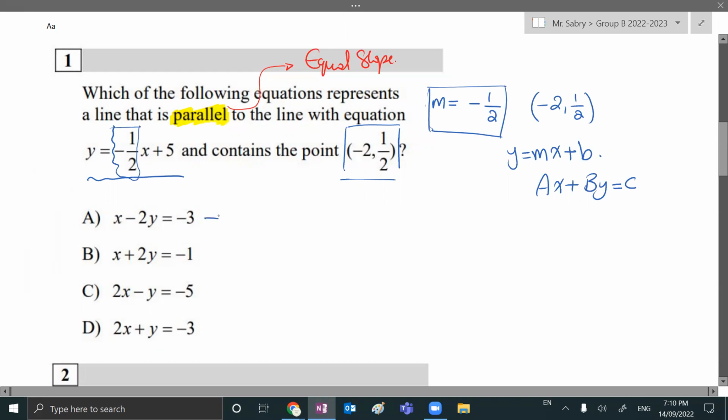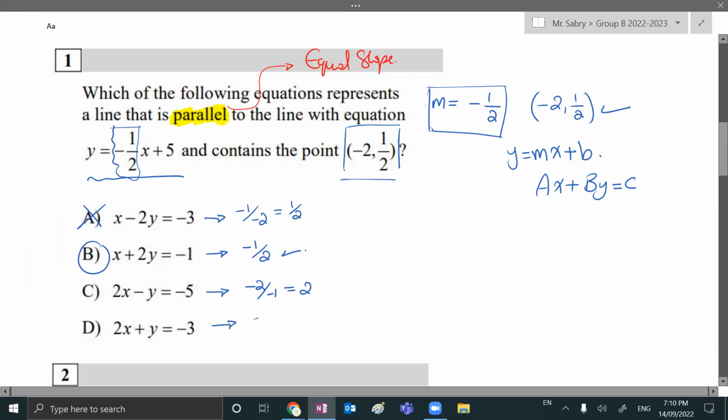If you check the first choice, it has a slope of negative 1 over negative 2, which equals 1 over 2. So that's not the right equation. The second one, though, has a slope of negative 1 over positive 2, and that seems to be the correct equation. If you check the rest, you'll find they have still different slopes. So apparently B must be the correct answer without using this point at all, just using the slope.